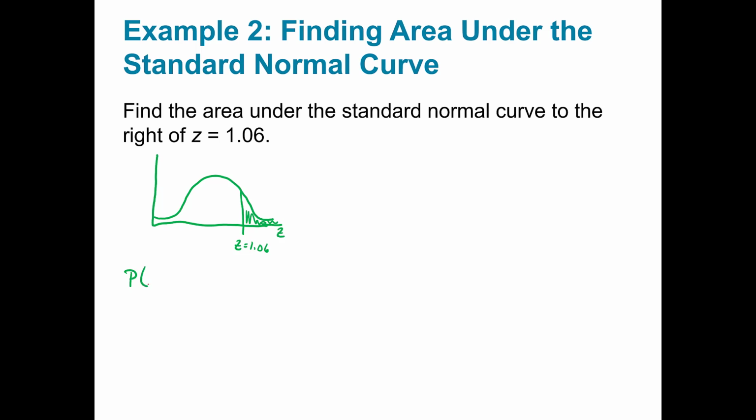This is the probability z is greater than or equal to 1.06, but then it's going to be 1 minus the value on our z-score table. On our z-score table, we get an area of 0.8554. To find the area to the right, we subtract that from 1, and we end up getting an area equal to 0.1446.